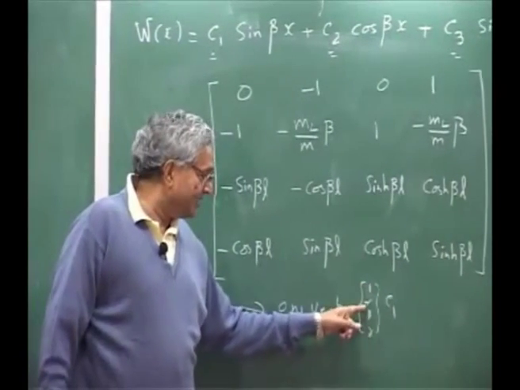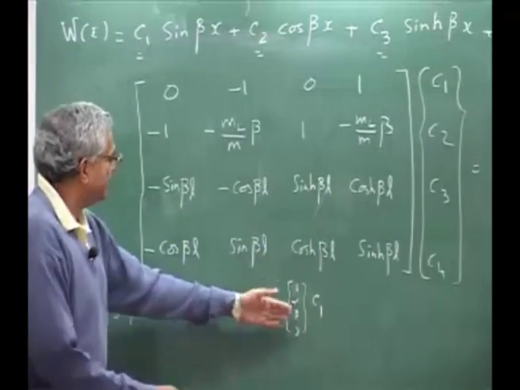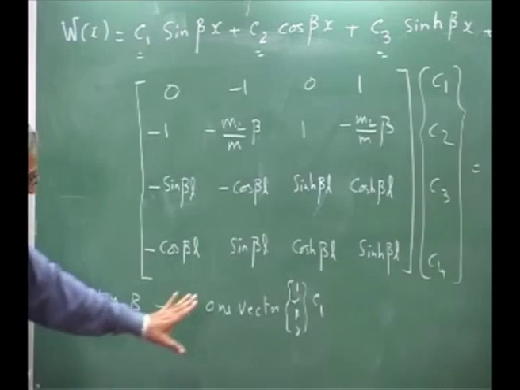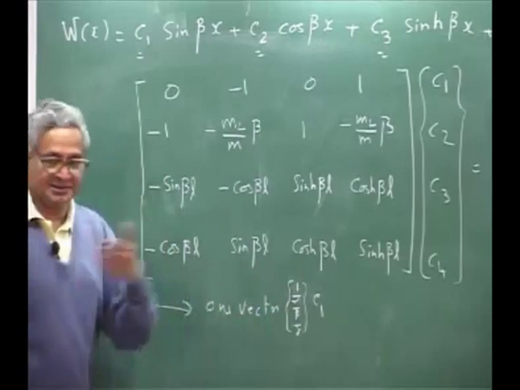All the alpha times C1 will be C2, beta times C1 will be C3. It doesn't matter, maybe alpha bar, beta bar, gamma bar.